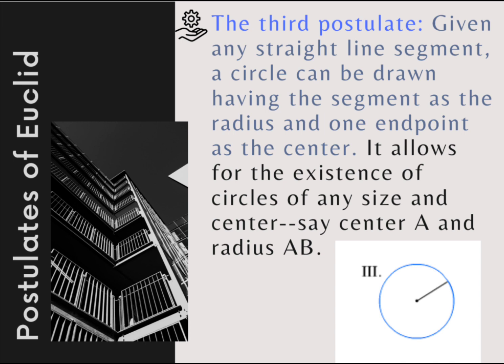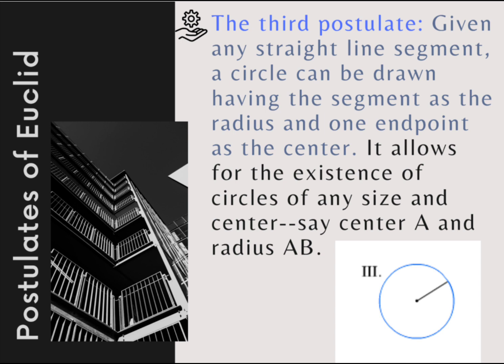Now in the third postulate, that straight line can be used to draw a circle, which means that line becomes its radius. Since it's a radius, it starts at the center of the circle, and the end point is part of the circle.